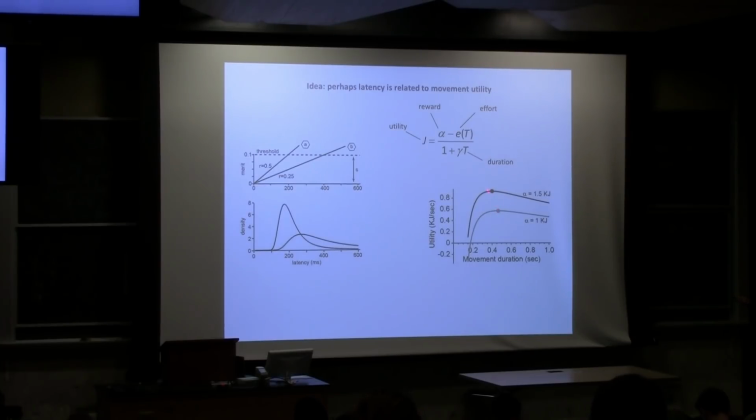But the value of the utility, which is this rate, is getting larger, which means you are integrating something that's getting larger, which means you should get there earlier, which means the reaction time will be sooner. So as you increase reward, the reaction time should become sooner and the movement should become more vigorous.